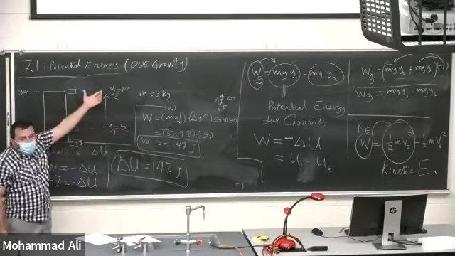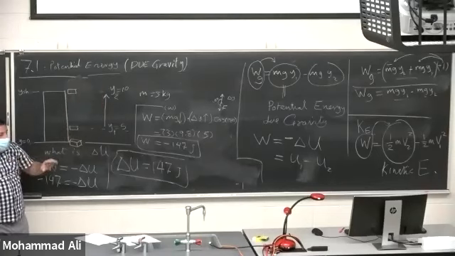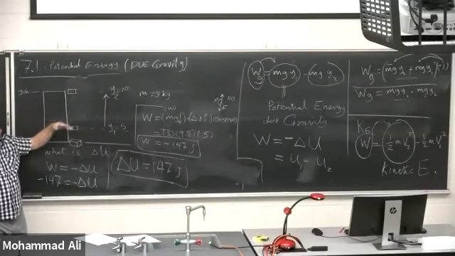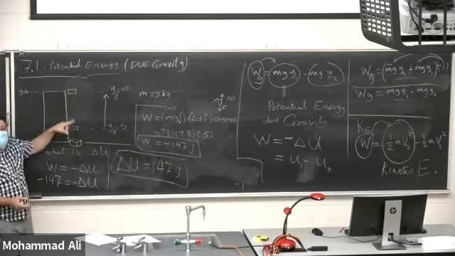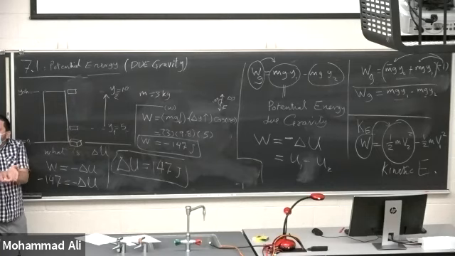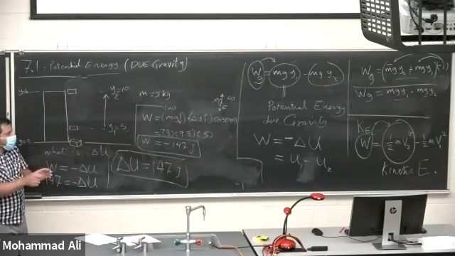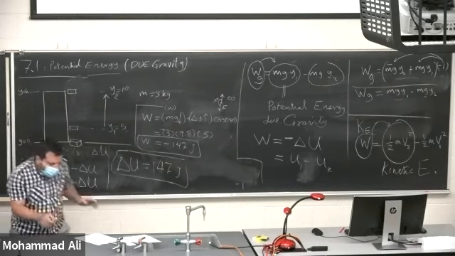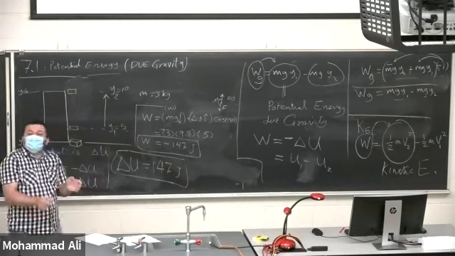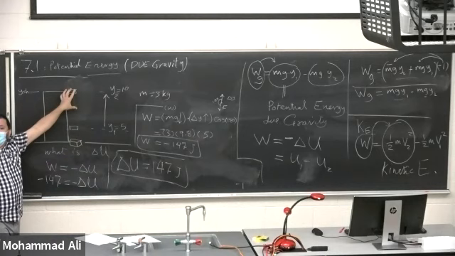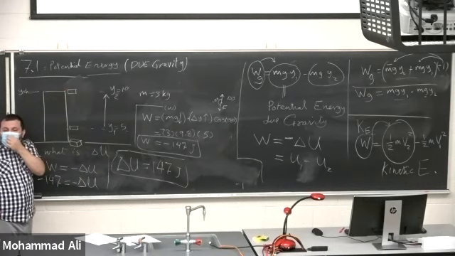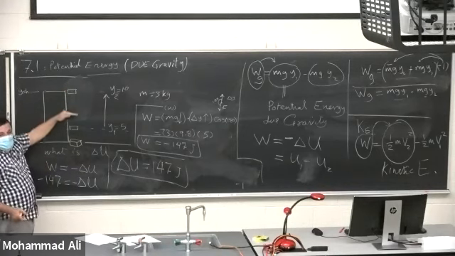So this energy depends on the altitude. This energy is stored in this object, in this mass, because of its position. Because of that, we call it potential energy. It is hidden, or stored, in that object in its position, and it depends on the position.